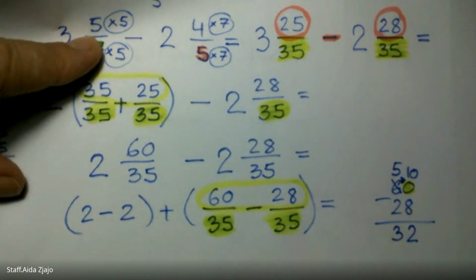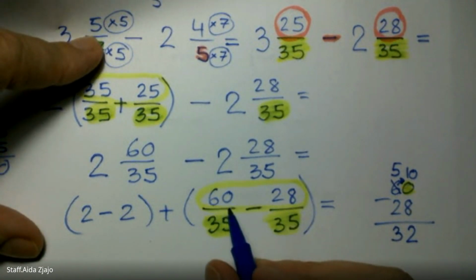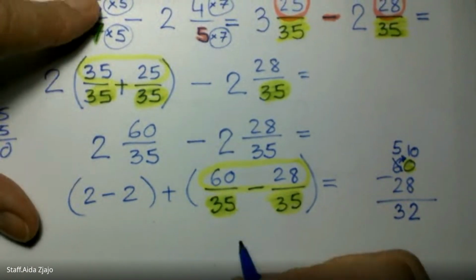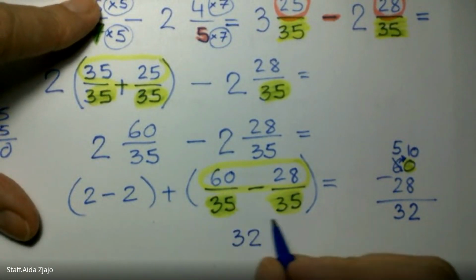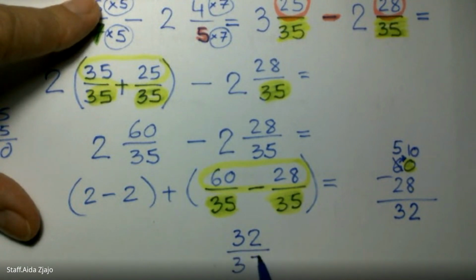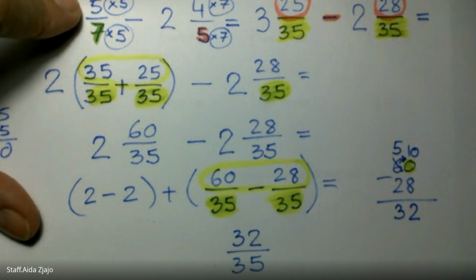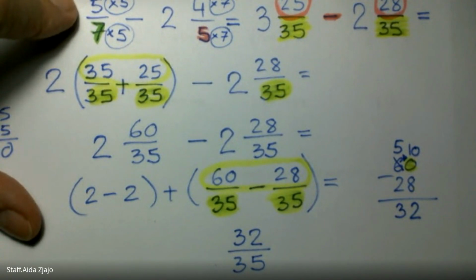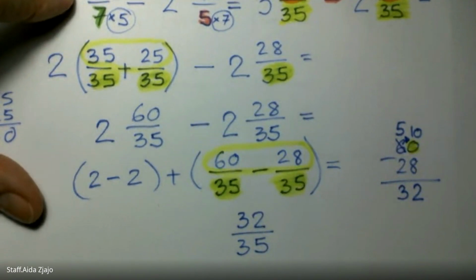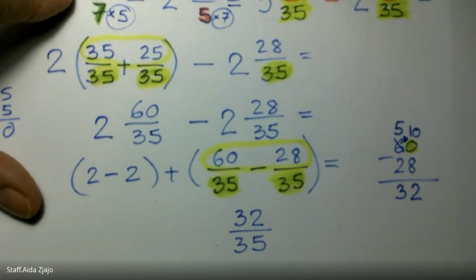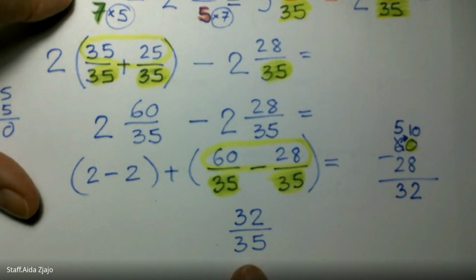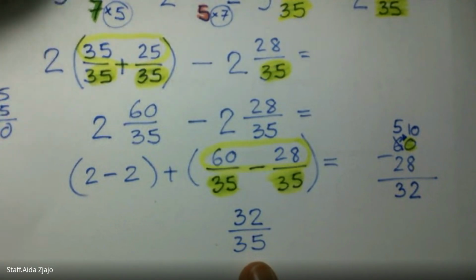So finally, my final answer is I will have 32 pieces of 35ths. So Mark ran more than his sister, 32 35ths. That is the final answer for this question.